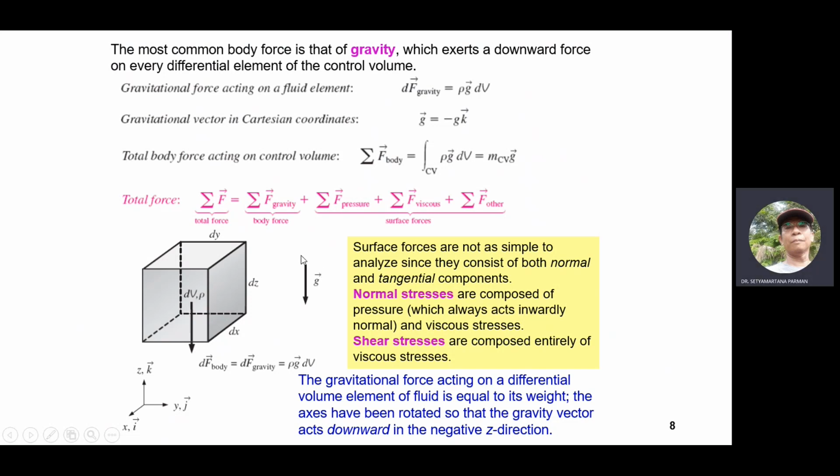The elemental gravity force is equal to rho dV, so it means the mass density multiplied by the volume of this element, multiplied by the gravity acceleration. The gravitational force acting on a differential volume element of fluid is equal to its weight. The axes have been rotated so that the gravity vector acts downward in the negative z direction.